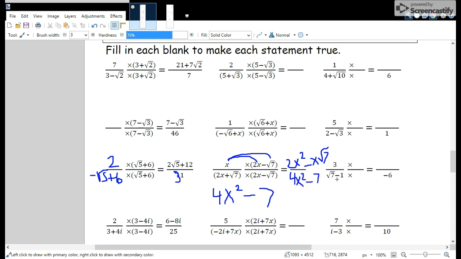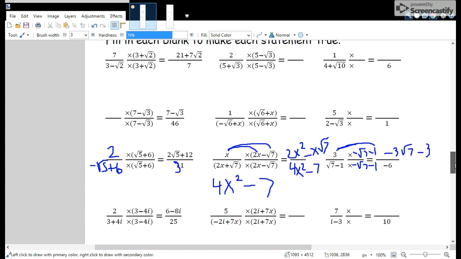And let's look at the last one. The conjugate of square root of 7 minus 1 is negative square root of 7 minus 1. Multiply each term by 3, you get negative 3 square root 7 minus 3. And let's do the next one.